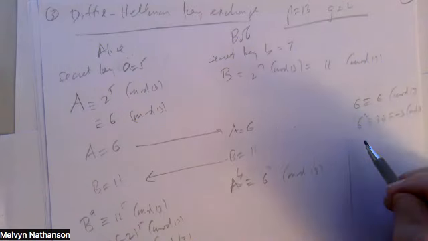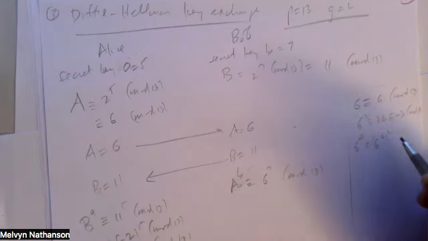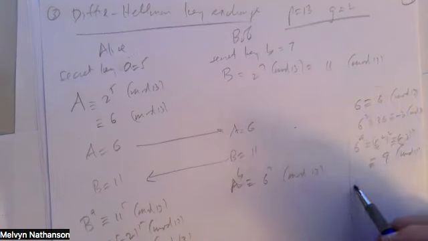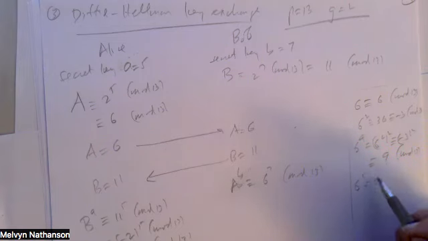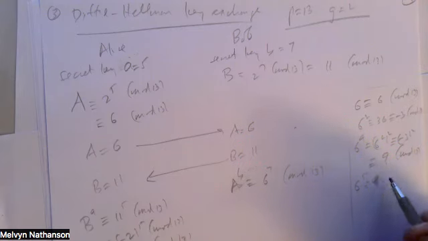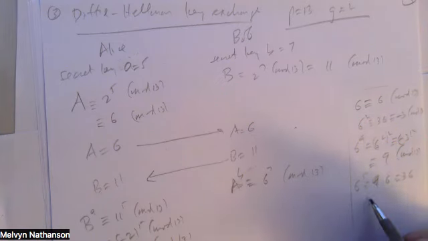So if 6 squared is minus 3, 6 to the 4th, which is 6 squared squared, is minus 3 squared. 6 to the 4th is 9 mod 13. So 6 to the 5th is 6 to the 4th, which is 9, times 6, which is 36 mod 13.